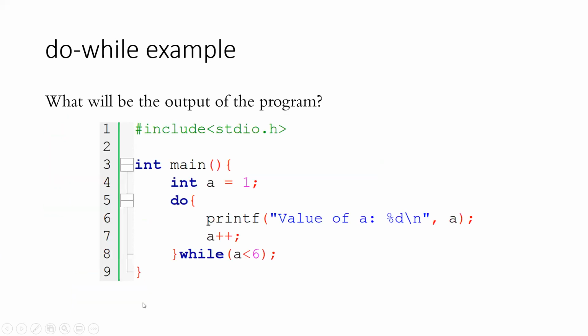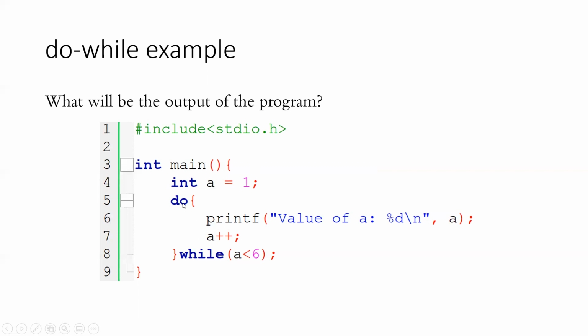Let's have an example. We will do a similar task to what we discussed in our previous discussion for the while loop. We will declare and initialize an integer variable a with a value of 1.